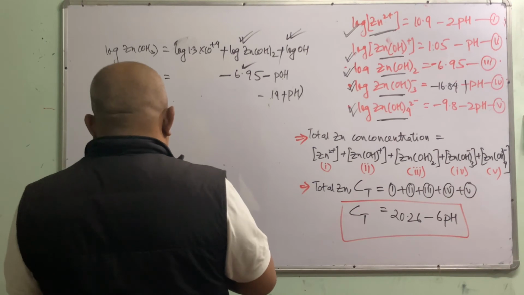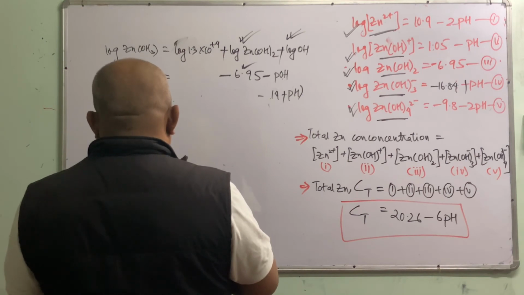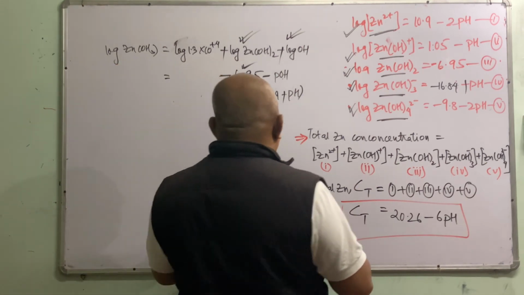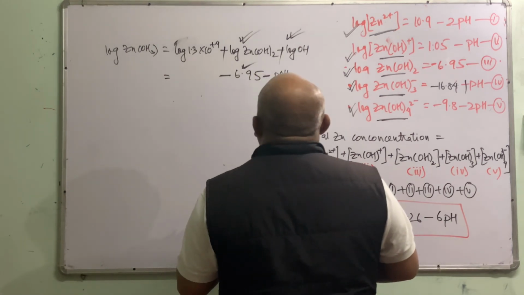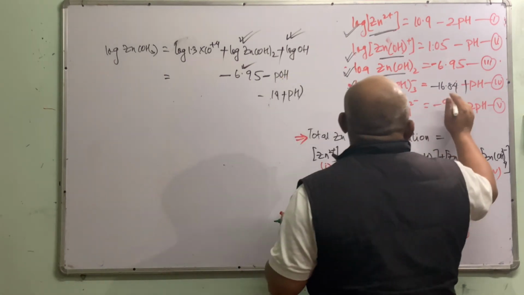So 1.3 into 1.0000 to log 4.133 minus 6.95 is equal to minus 14, minus 6.93, plus pH. This is correct.